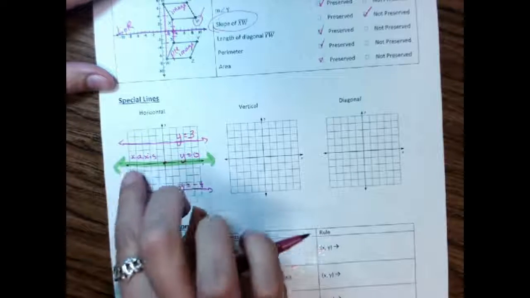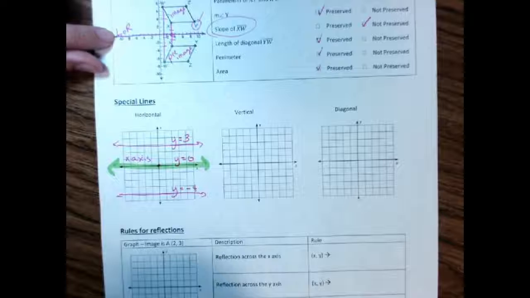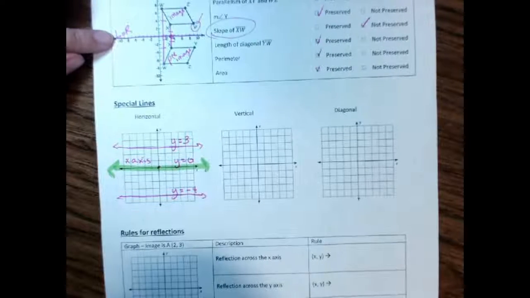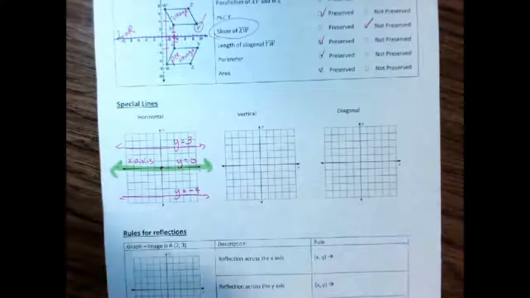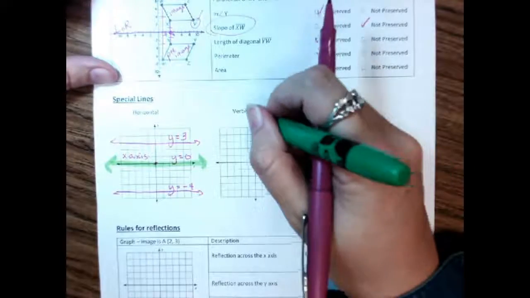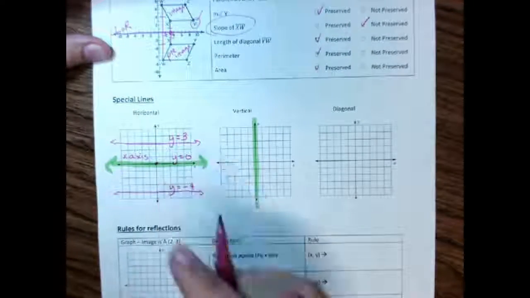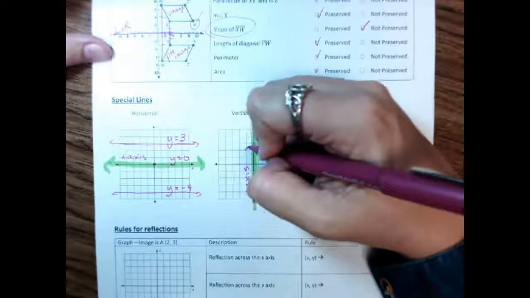So if the line of reflection is like this one right here, on the first one we did up there at the top, that would be a line of reflection on the x-axis or over the line y equals 0. The same thing we can do in the vertical. I could reflect across the y-axis, and this would be the line x equals 0.